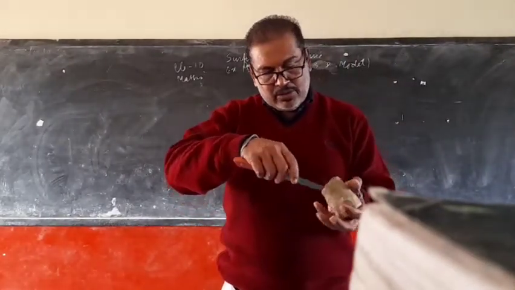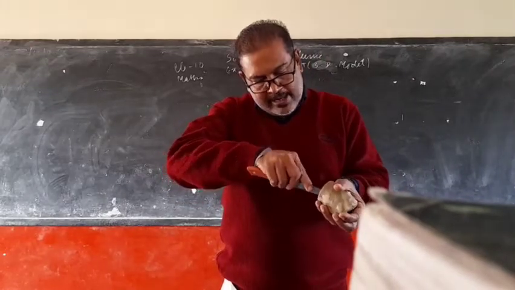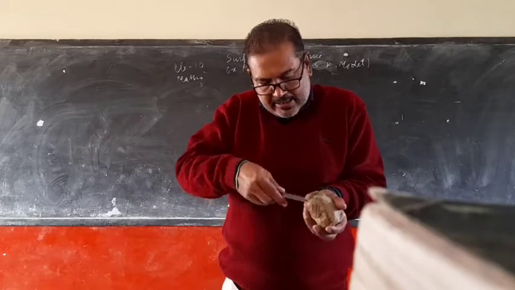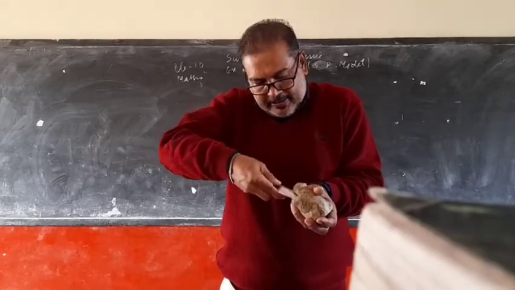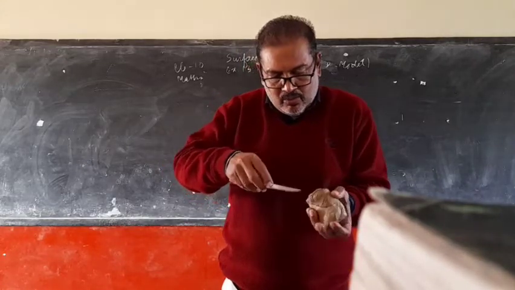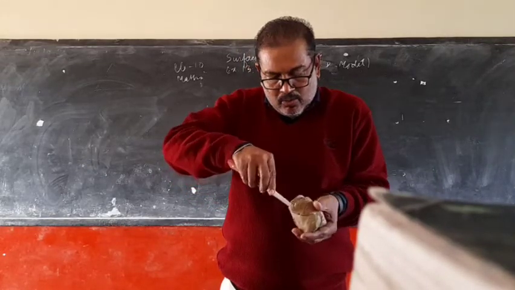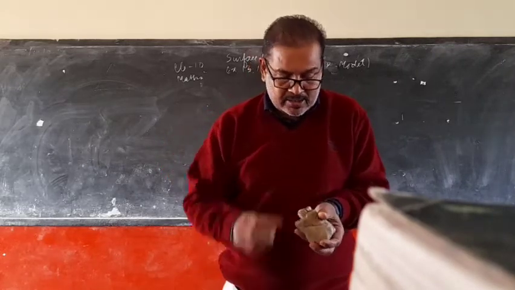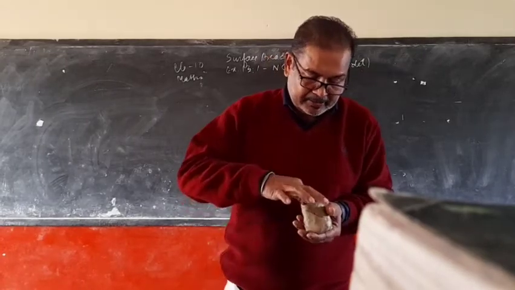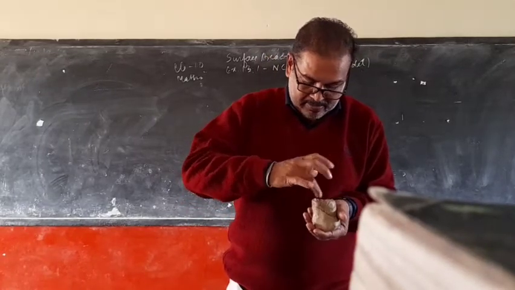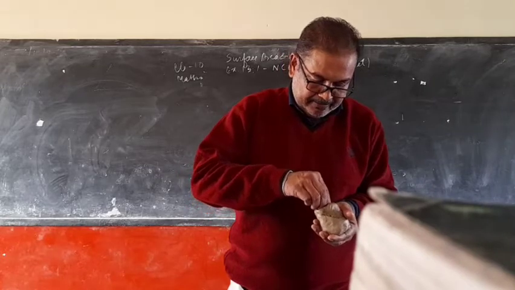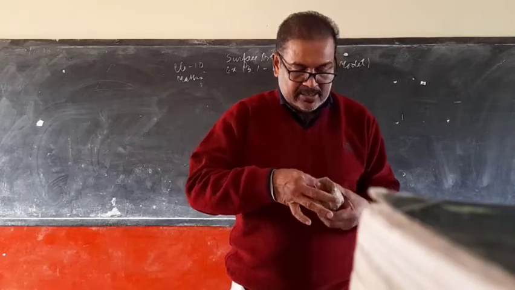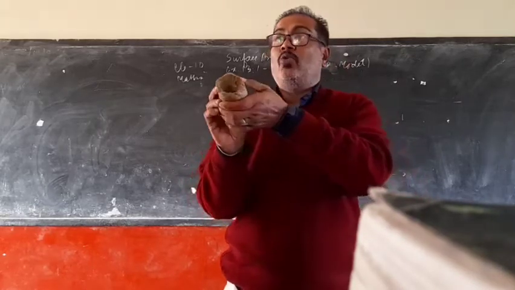Now what am I doing here, children? I cut out a cone with this plasticine and try to take it out. A cone is hollowed out, and what is the condition of the cone? The diameter of the cone and the height of the cone are equal to those of the cylinder. Okay? Now see, children, I have hollowed out a cone from it.